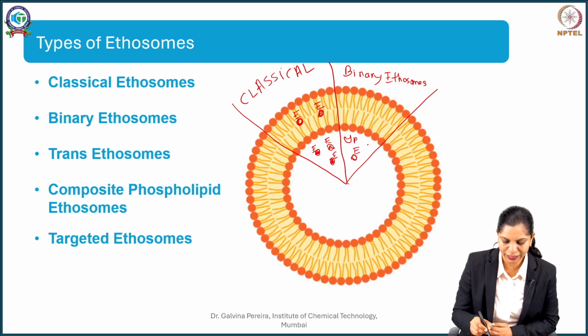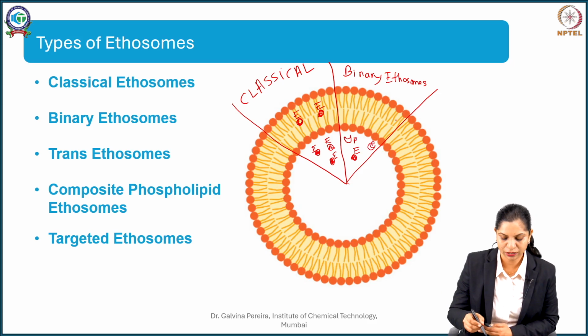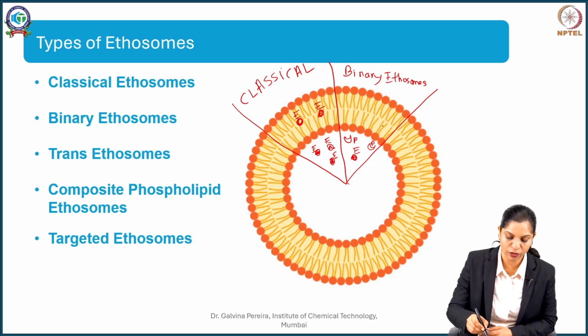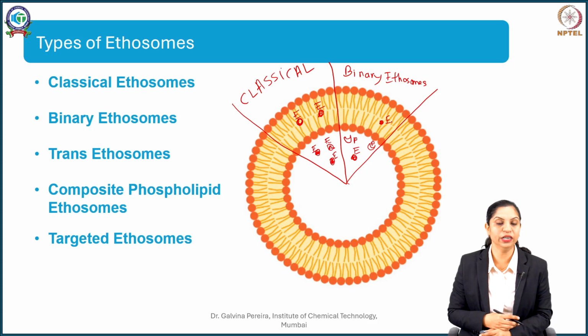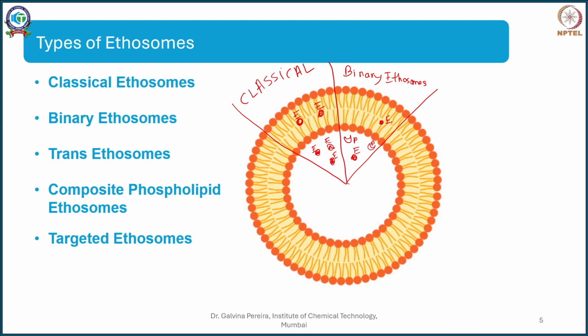I am just drawing a little different structure. The ratios of propylene glycol and ethanol may vary. So you have different components like ethanol and propylene glycol, which might be fitting in different areas of your ethosomes. In some cases, there might be permeation enhancers which are added, like your surfactants. In such cases, they are called transethosomes.